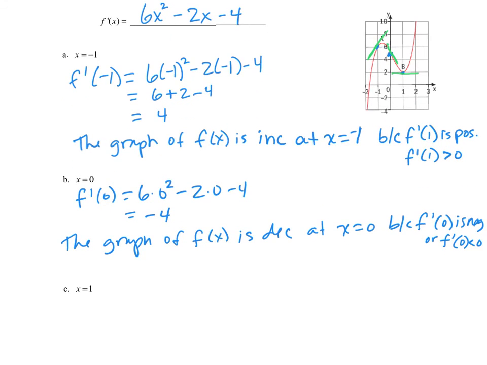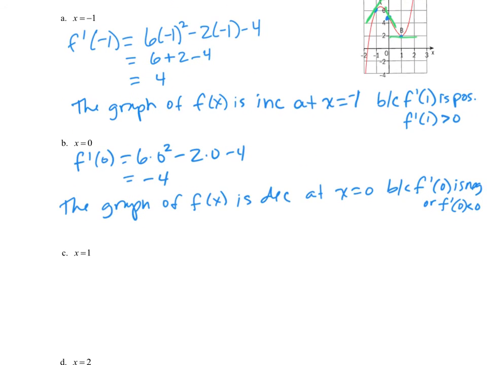At x equals 1, we're going to evaluate f prime of 1, so that would be 6 times 1 squared minus 2 times 1 minus 4.